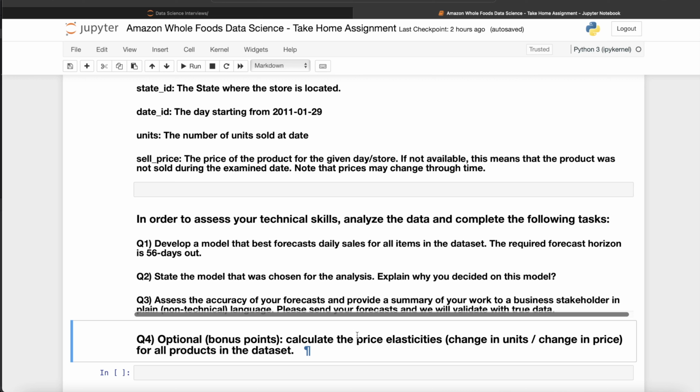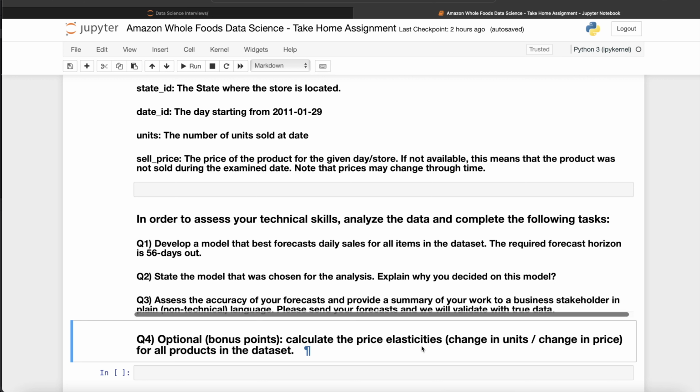Again, as I mentioned, this position was a data scientist position in their pricing team, so obviously it is very basic for the pricing team, and one should know about it. If you don't know about it, they have even mentioned that price elasticity is basically change in units divided by change in price. And for all the products in the data sets, you need to calculate the price elasticity.